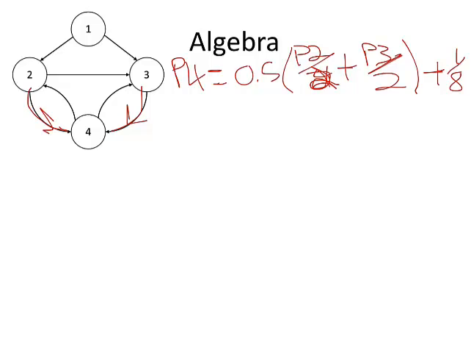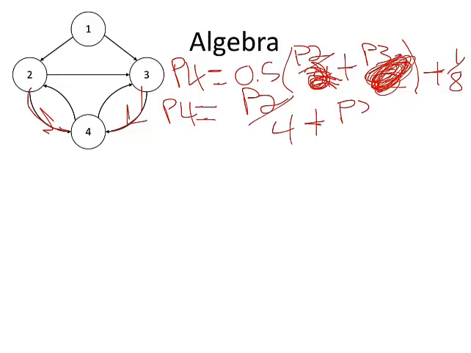And this actually should be just P3 because we're not dividing by 2 with the P3. So this is 0.5 times P2 over 2 plus P3 plus 1/8. And if we simplify that out, we have that P4 is equal to P2 over 4 plus P3 over 2 plus 1/8.